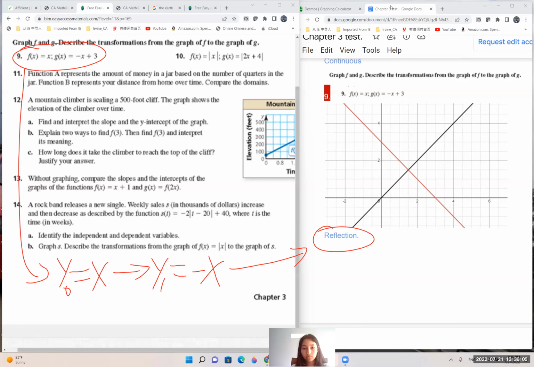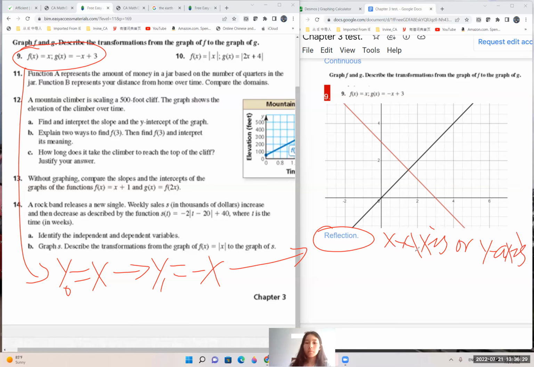You can either say it's reflection in the x-axis or the y-axis.